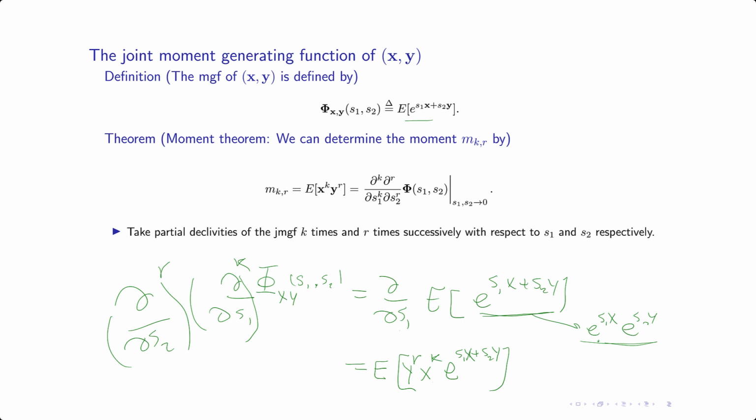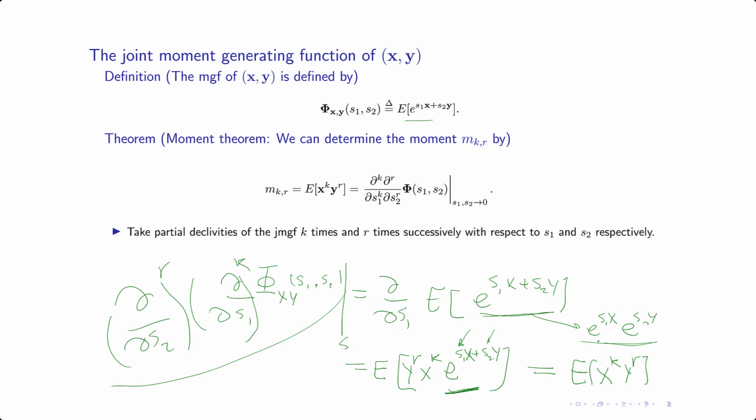Now if you replace s1 and s2 on both sides of this equation by 0, the exponential becomes e to the power of 0, which equals 1. So this becomes the expected value of x to the power of k and y to the power of r.